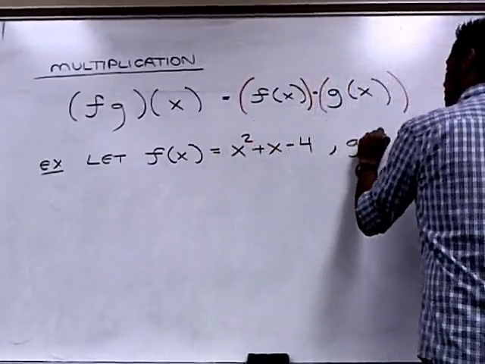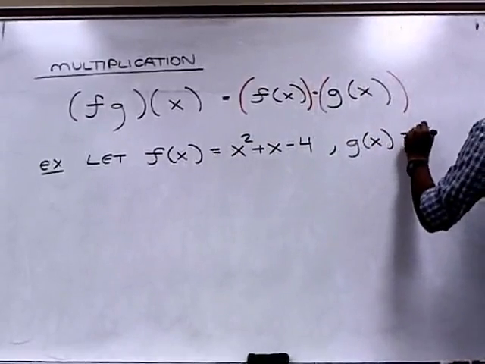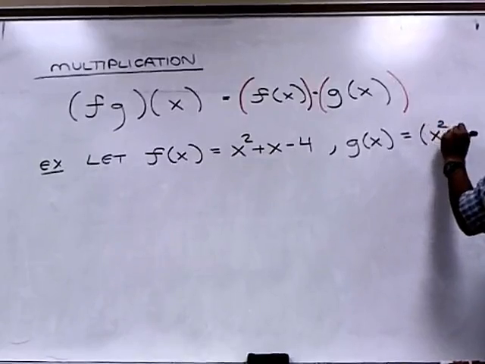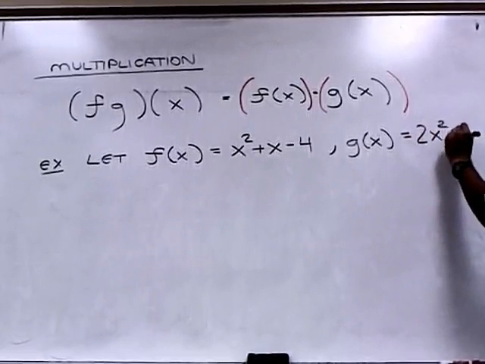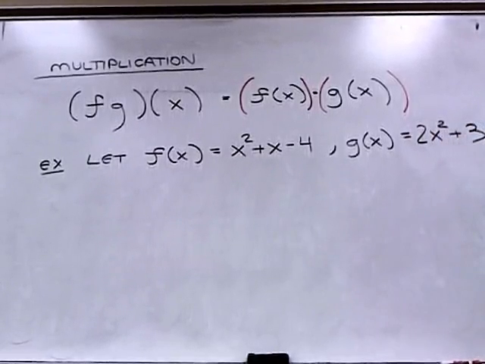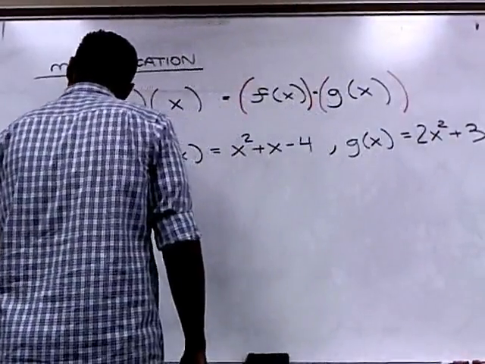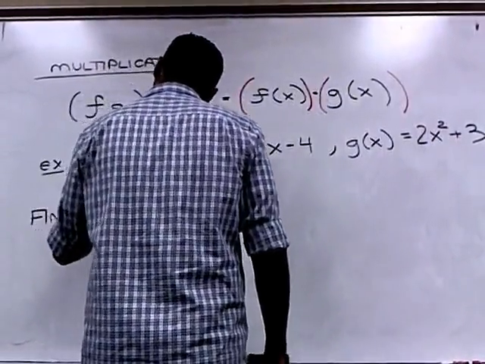Let g of x be equal to 2x squared plus 3. Okay, the instructions here: find this.